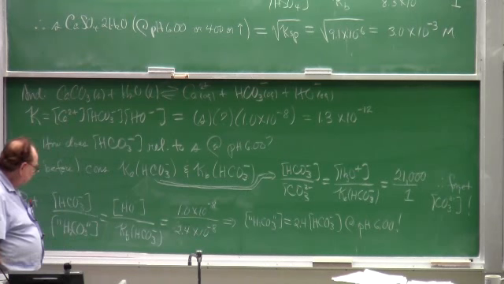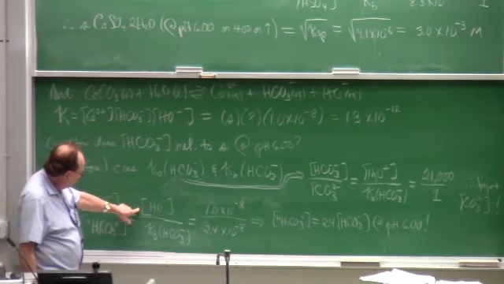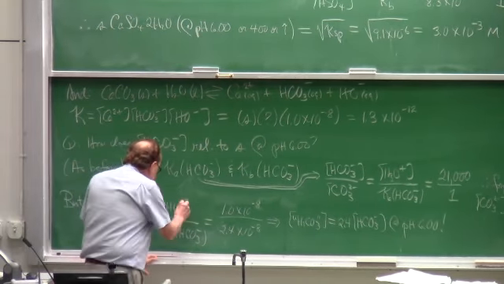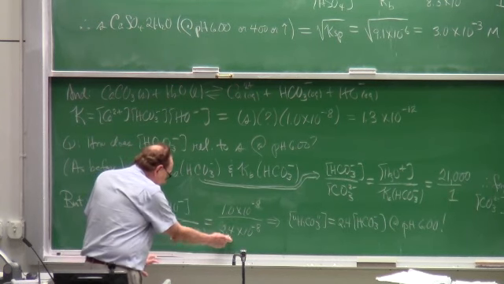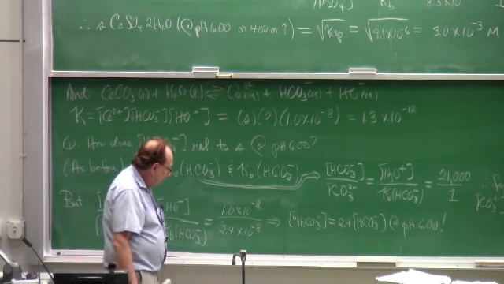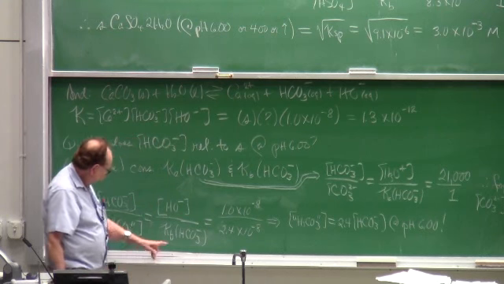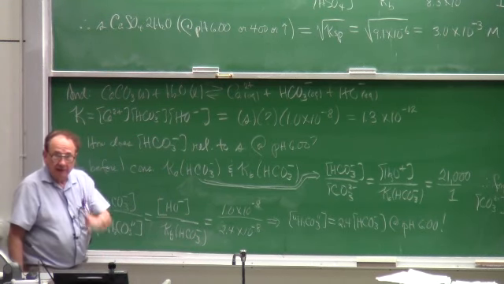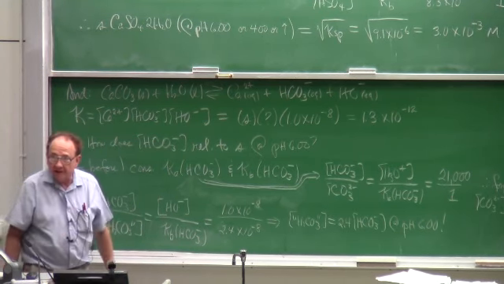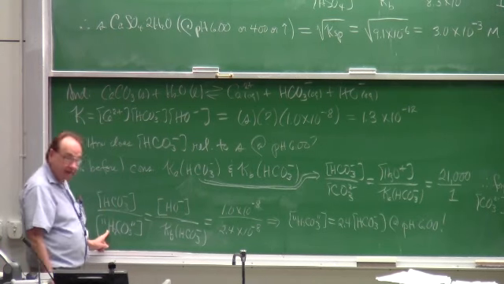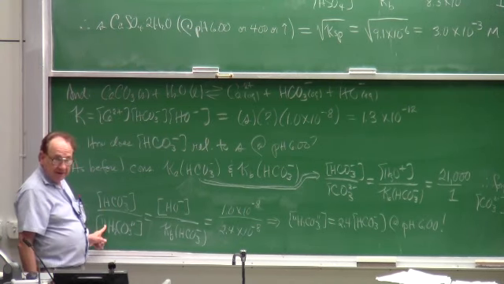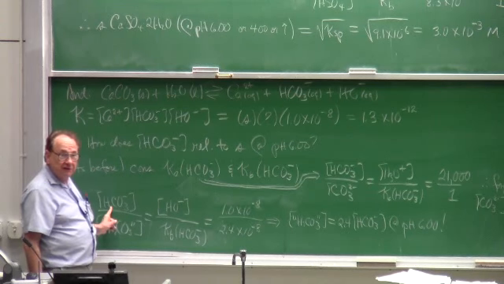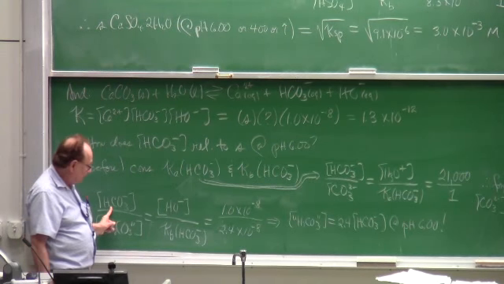Now, at pH 6, hydroxide ion molarity is this. There's Kb bicarb. And so we see that at pH 6, the predominant form of carbonate-containing stuff in the pot is this stuff. But this is also a species whose concentration must be considered.